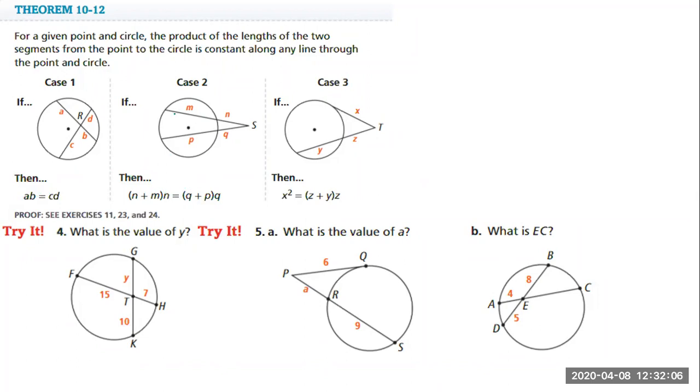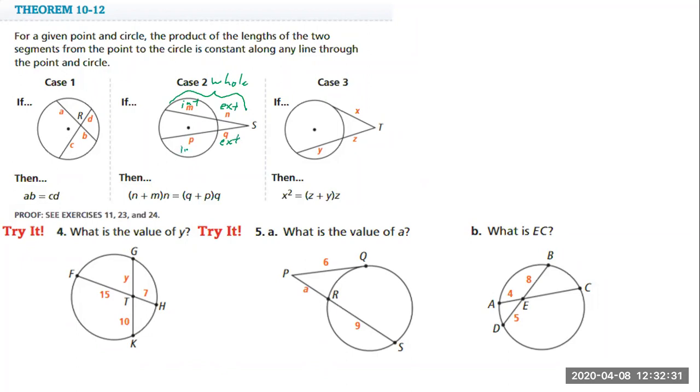In case 2, we have two secants. They're meeting at a common point. And then I normally label this as, instead of M and N, I'd call this part the exterior, the interior, and the whole. Now, this piece, again, is the exterior.